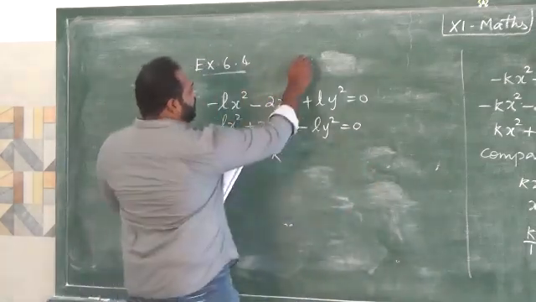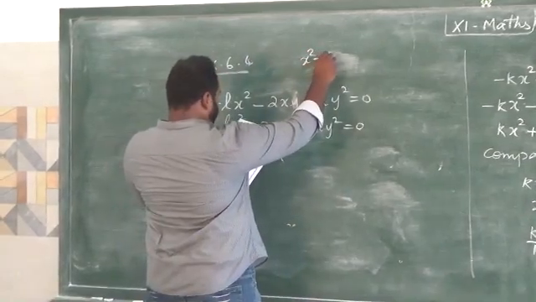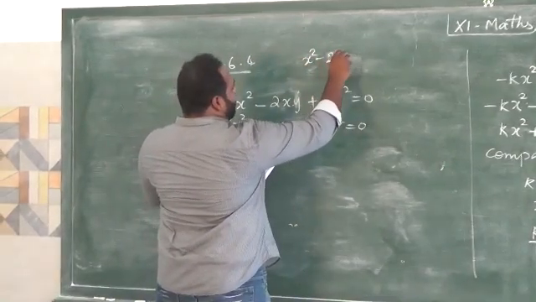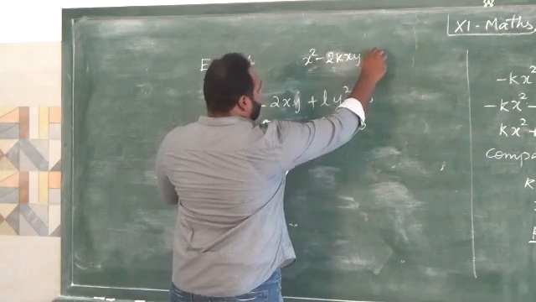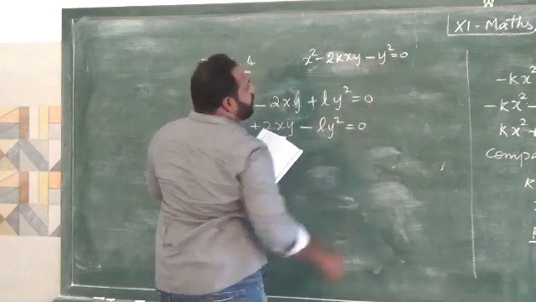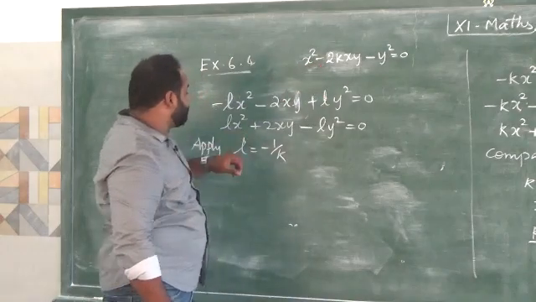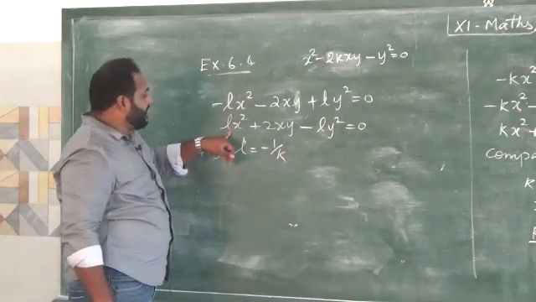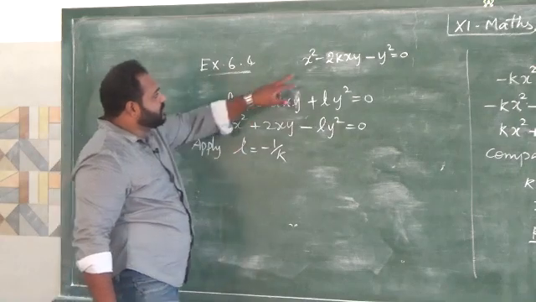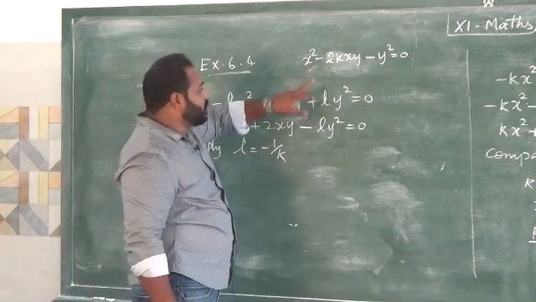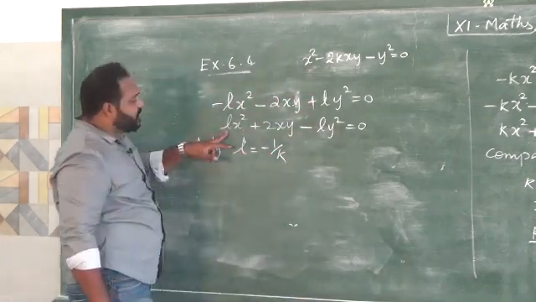Once again I write the question here: x square minus 2kxy minus y square equal to 0. So we are going to bring this equation as the answer. Here L is there, but in the question there is no L value, so I just want to remove the L value.